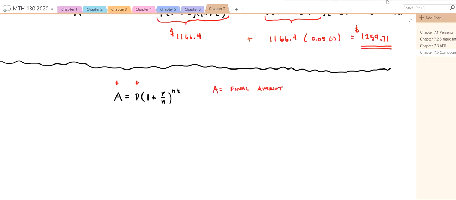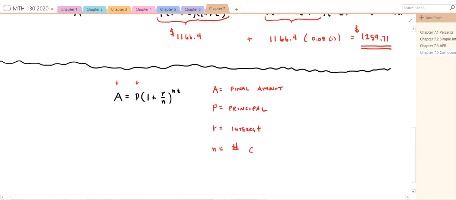So here A equals your final amount, P equals your principal, R is your interest rate, as usual, and N is the number of compounding periods in the course, say, of a year.